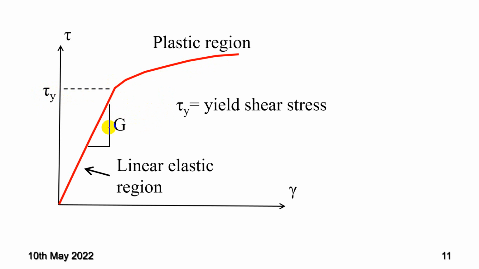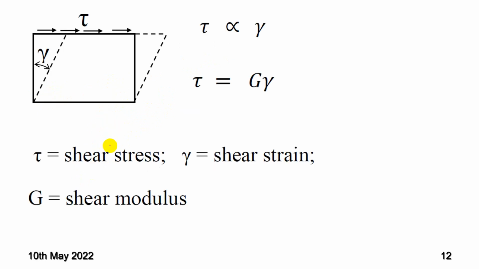Then you have a shear modulus G, and the behavior is linear elastic. So the stress is proportional to strain, and you can substitute the constant G, and that G is the shear modulus. This is the basic equation that relates shear stress and shear strain.